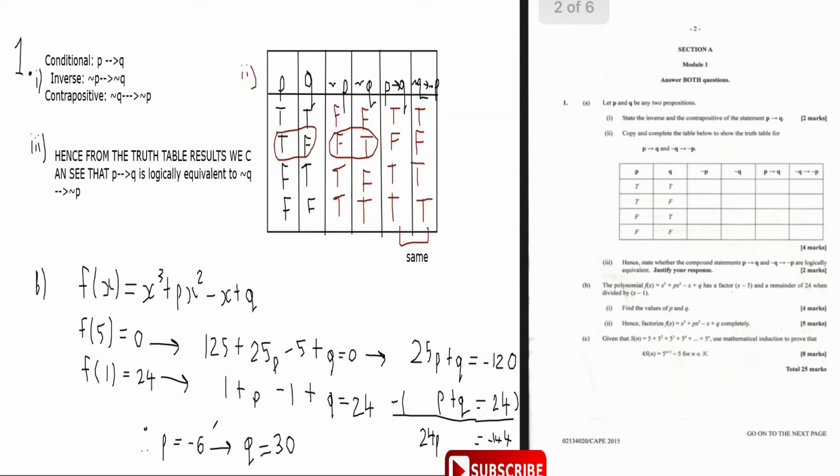And you can always check your answer just by substituting p as negative 6 and q as 30. Test to see if f of 5 is 0 and f of 1 is 24. It's always good to check your answer to make sure that you didn't make any mistake. All right, so we're fine.